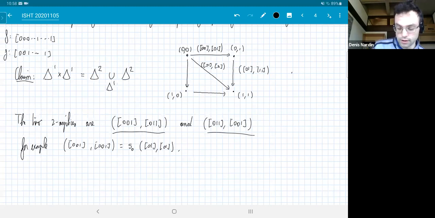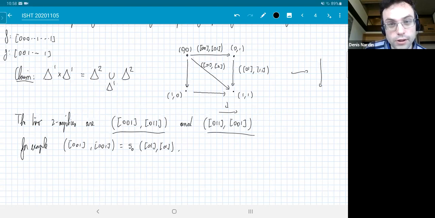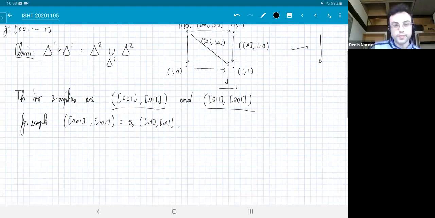If you want, this corresponds to the fact that the two projections send these to degenerate guys. And then I'll let you verify the claim and see that, in fact, every higher simplex factors through one of these two simplices.